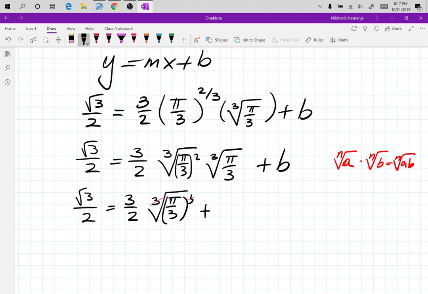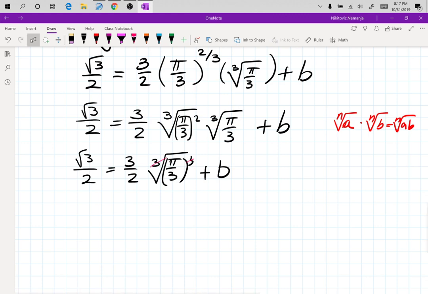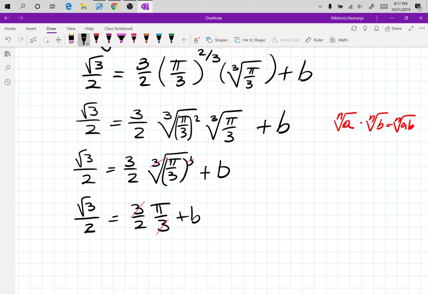Oh, I forgot plus b. And we have root 3 over 2 is equal to 3/2 times pi over 3. Now these guys cancel. Plus b, and from there you have your b as root 3 over 2 minus pi over 2, which you can combine into root 3 minus pi, everything over 2.